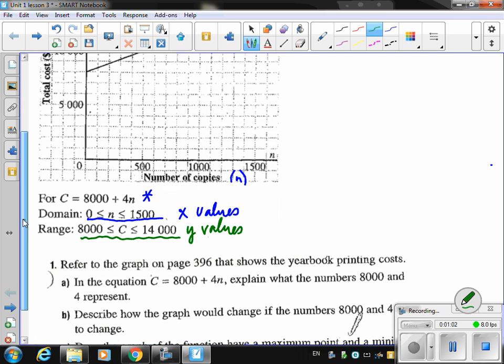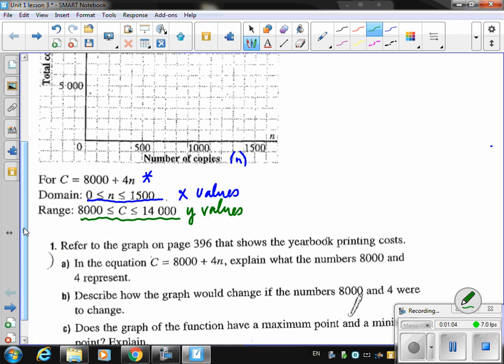So one of the questions says, in the equation C equals 8,000 plus 4n, explain what the numbers 8,000 and the 4 represent. So from grade 9, we know that the number that stands alone is called our initial value. Our initial value on the y-axis would be our initial cost.